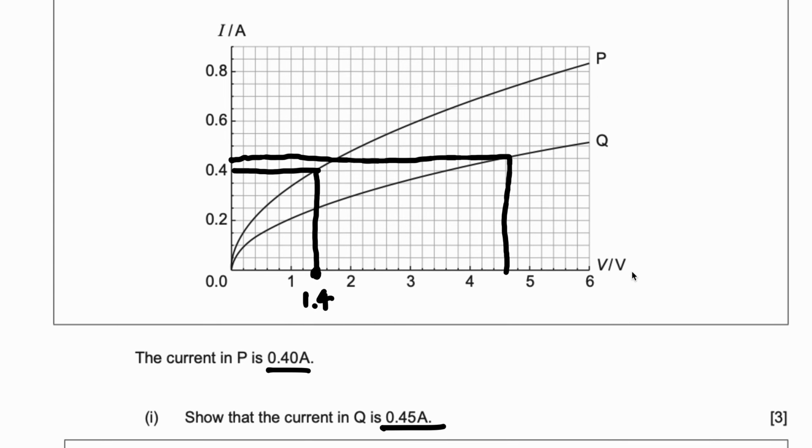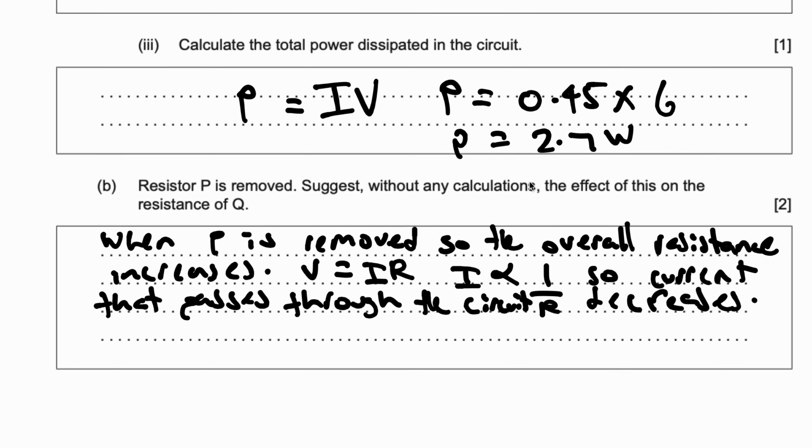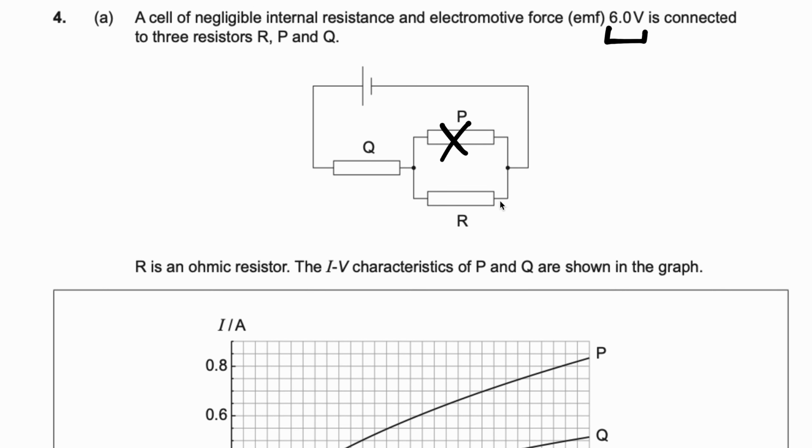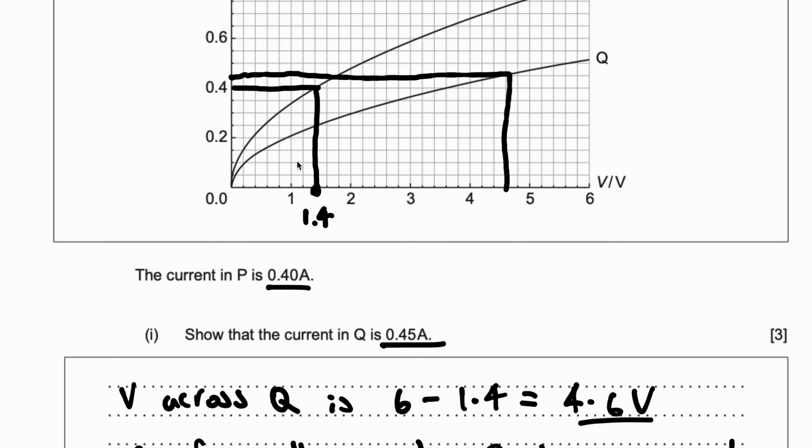So when the current that passes through Q is decreasing, the voltage difference across Q is also decreasing from this graph.